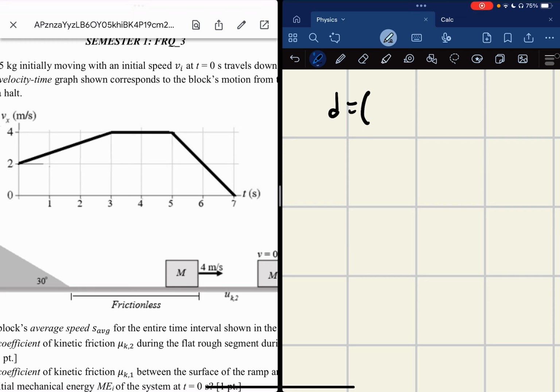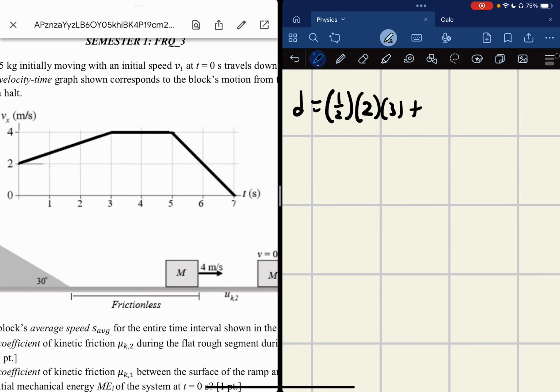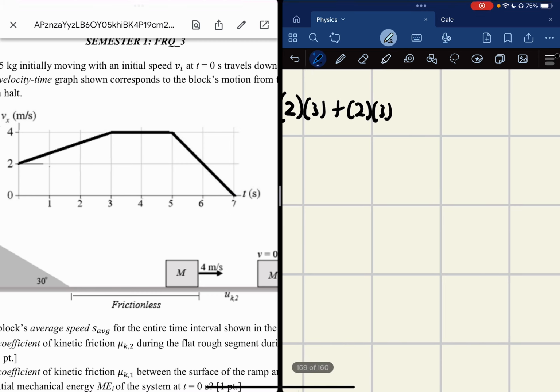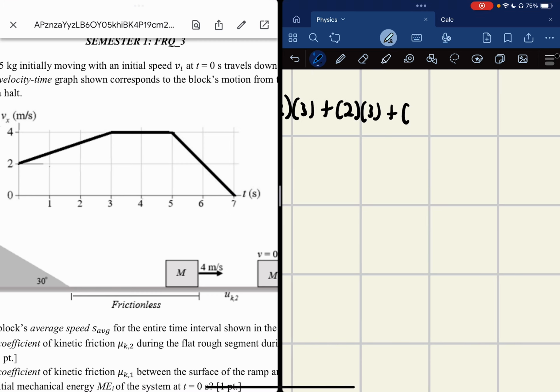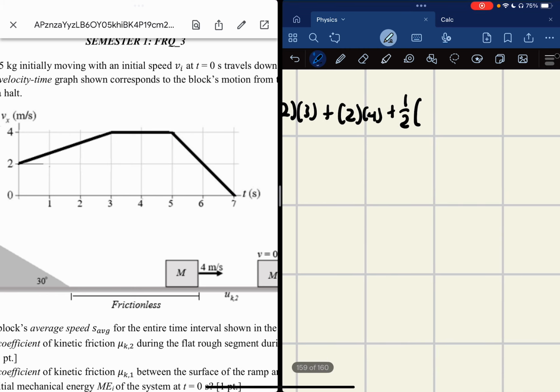So it'll be 1/2 times 2 times 3, because it'd be 1/2 times the length, your 2 and 3, length times width, plus 2 times 3, that's the rectangle from 0 to 3, plus 2 times 4, plus 1/2 times 2 times 4.